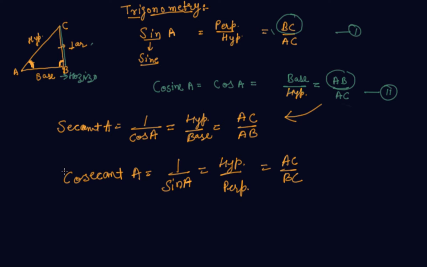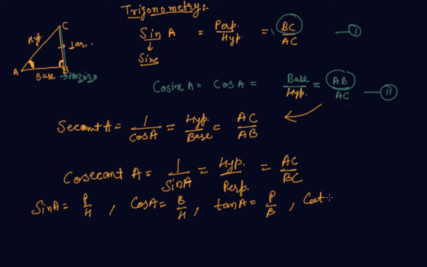So these are all the formulas which I wrote. Formula of sine A is perpendicular by hypotenuse. Now I am writing in short. Formula of cos A is B by H. Formula of tan A is P by B, perpendicular by base.